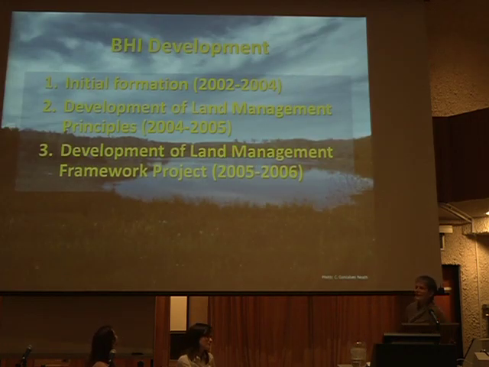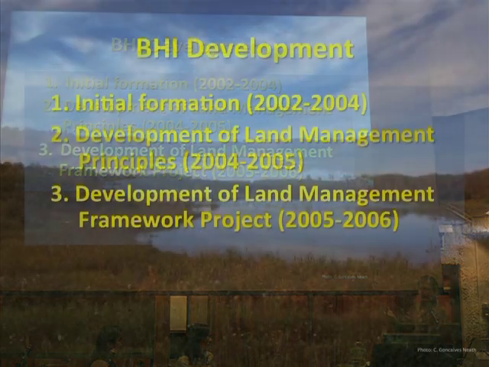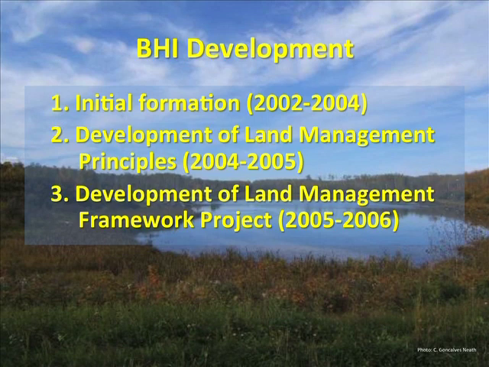So what I was interested in is how do you move from 2 interested parties, 2 proponents, to a group of 30 that have actually been able to implement and achieve some agreement on this landscape. So if you like, the first agreement was actually forming the Beaver Hills Initiative. The second was coming up with a series of principles by which you would manage for sustainable development on that landscape.